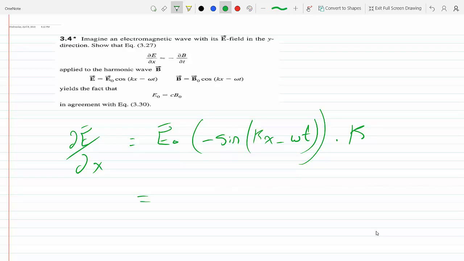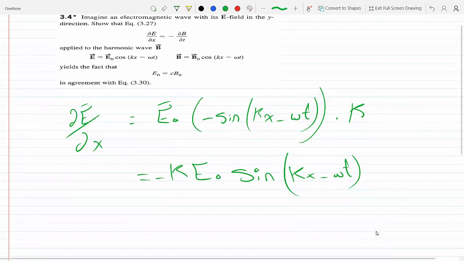So this gets us negative k E0 sine(kx minus omega t). Yeah, that's what I got.